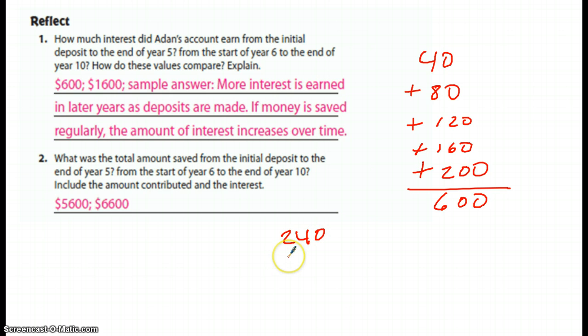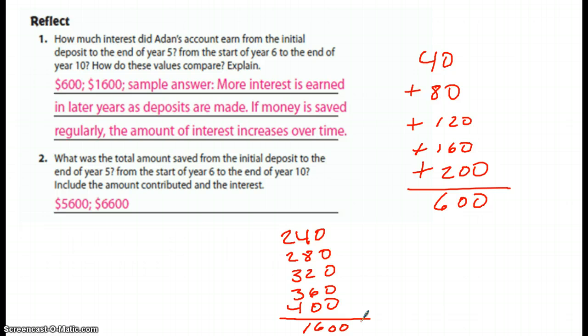I'm looking at 280. I'm looking at 320. I'm looking at 360. I see 400. If I add these up, I'll get $1,600.